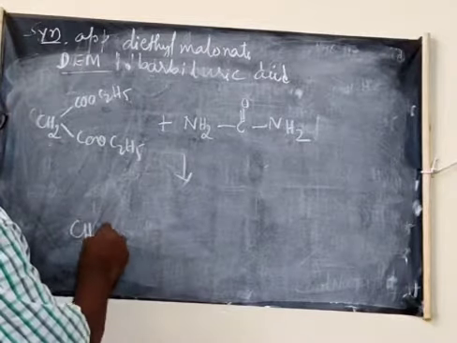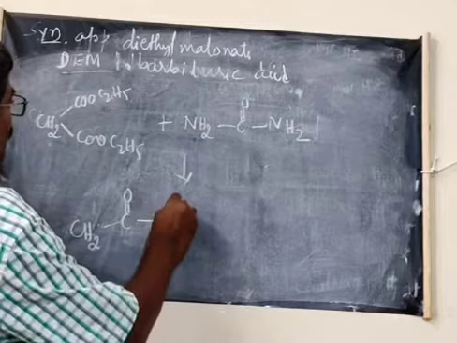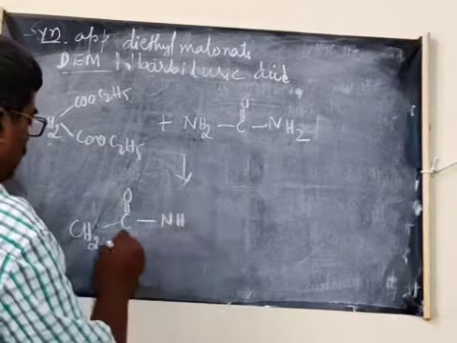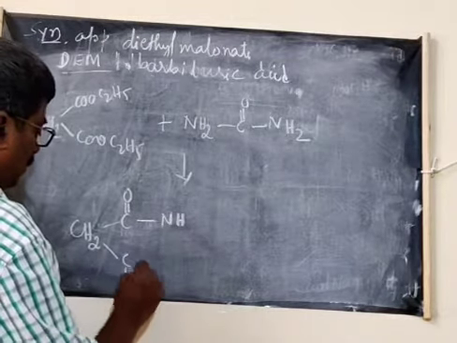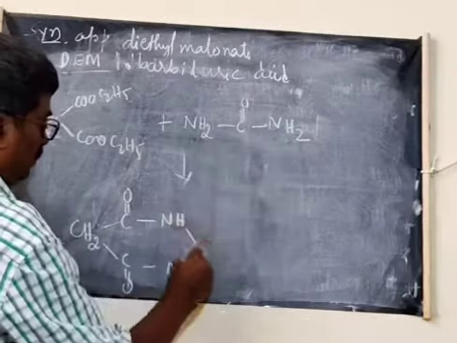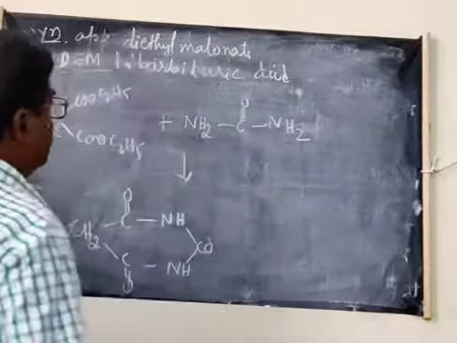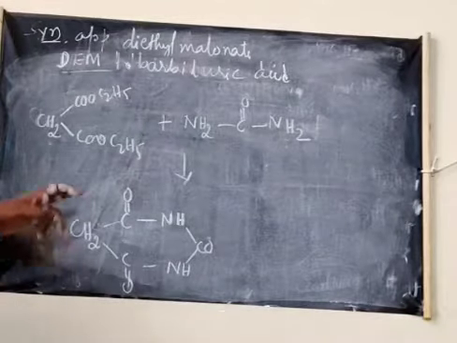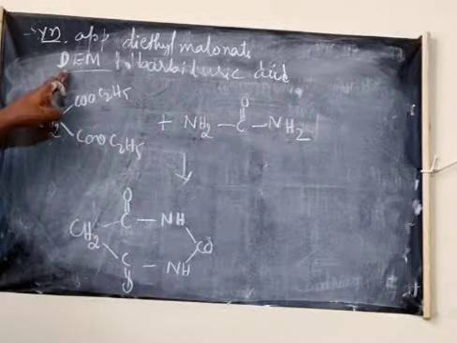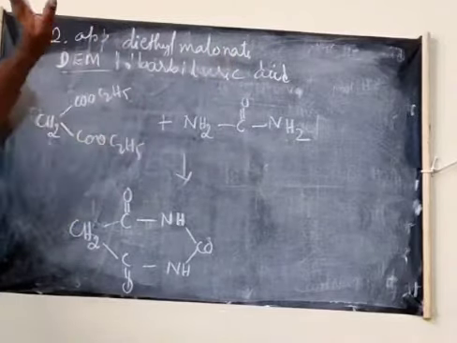CH2 with C double bond O, NH, C double bond O, NH and this CO. So this is called barbituric acid. This is how one can convert diethyl malonate to barbituric acid.